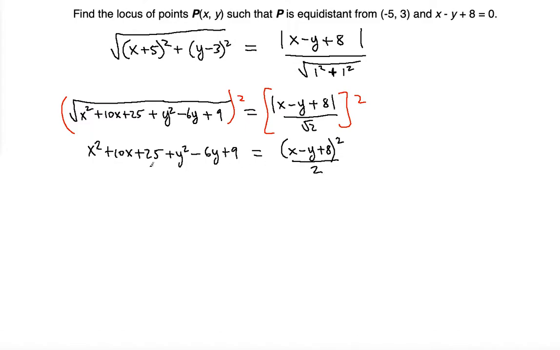So now multiplying both sides by 2 gets rid of the fraction and just multiplies every single term here by 2, right? So we get 2x squared. I'm just going to copy this down. Minus 6y + 9 is equal to (x - y + 8) squared.